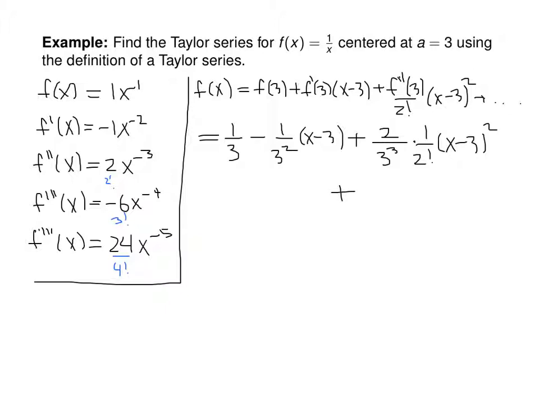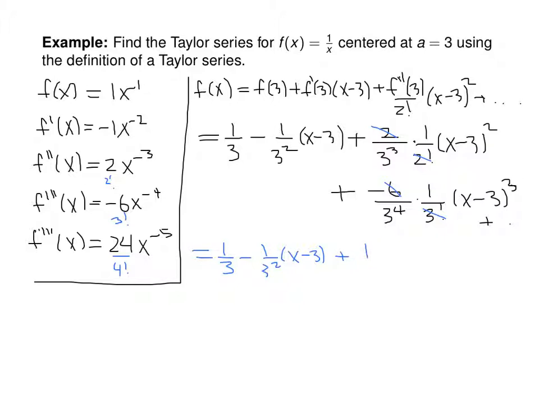And just to get another term in there, next we'll have the third derivative at 3, so that will be negative 6 over 3 to the fourth multiplied by 1 over 3 factorial, (x minus 3) to the third, etc. Now notice that this 2 and 2 factorial will cancel, the 6 and 3 factorial will cancel, in the next term the 24 and 4 factorial will cancel, and that leaves us with a third minus 1 over 3 squared (x minus 3) plus 1 over 3 to the third (x minus 3) squared plus 1 over 3 to the fourth (x minus 3) to the third.